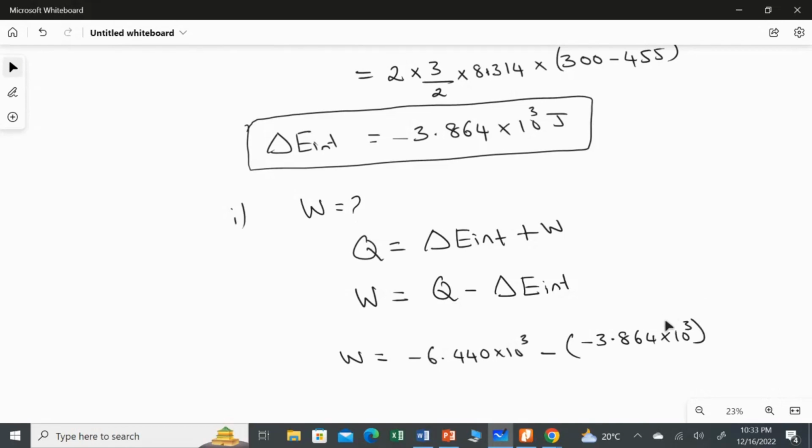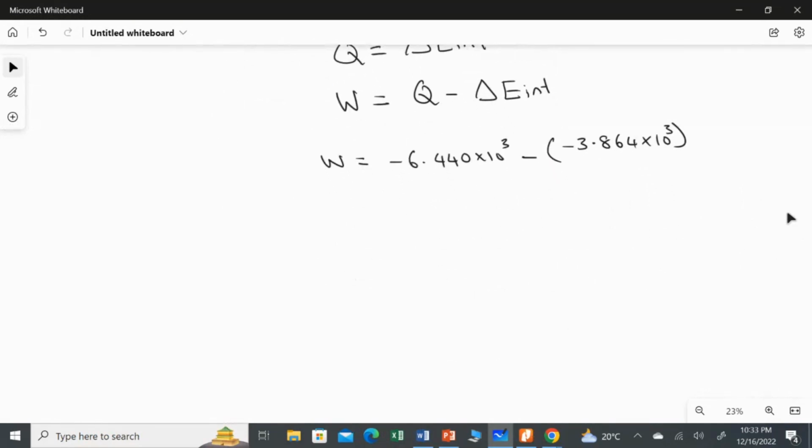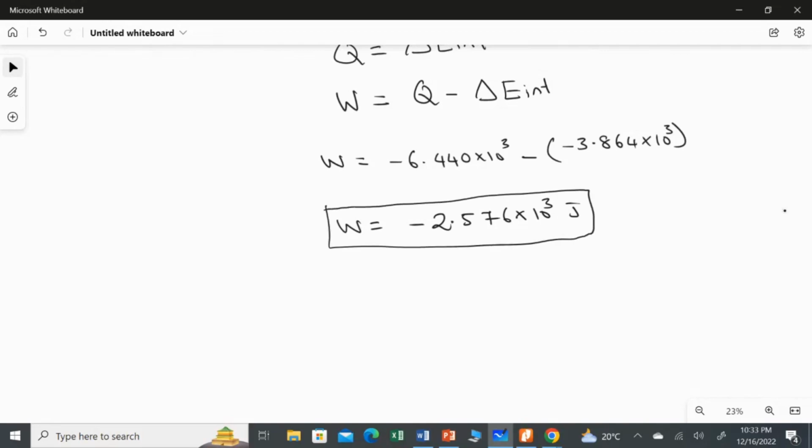When you multiply minus into minus, it becomes plus. So we do the calculation to get the answer for the work done. I got the work done as minus 2.576 multiplied by 10 to the power 3 joules. So this is the answer for the I part. Clear? That's it. Thank you.